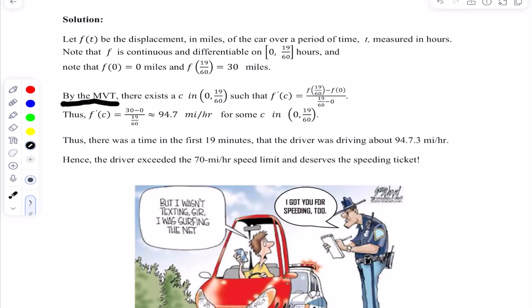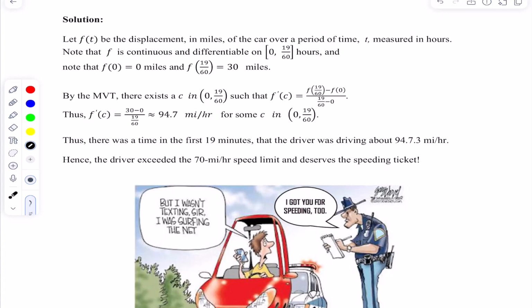So by the mean value theorem, there exists a crucial moment or critical moment in this time interval such that the derivative evaluated at this crucial moment gets you this average value, or mean value. Thus, the derivative evaluated at this crucial moment simplifies to 94 7/10 miles per hour.